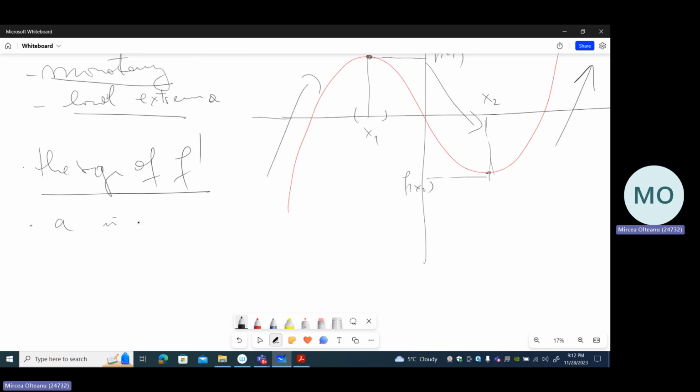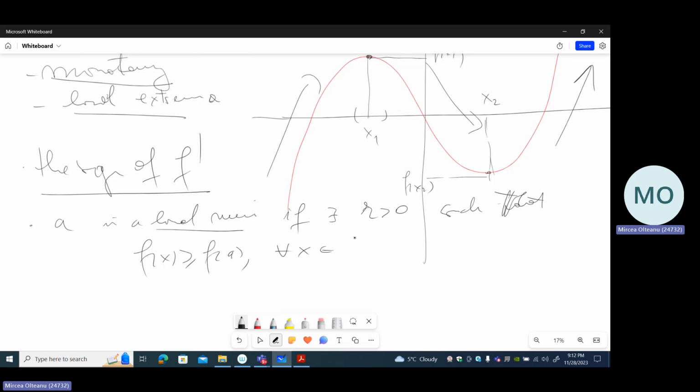So a is a local minimum if there exists a positive r such that f of x is greater or equal than f of a for every x in the interval a minus r, a plus r. A local maximum means that f of x will be less or equal than f of a for every x in the interval a minus r, a plus r.